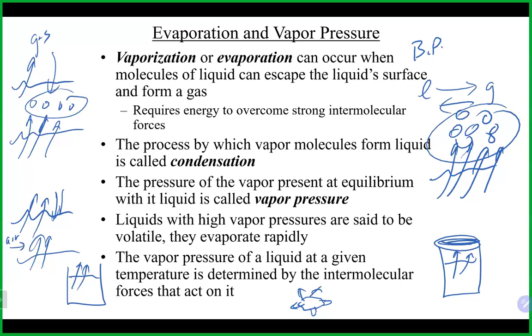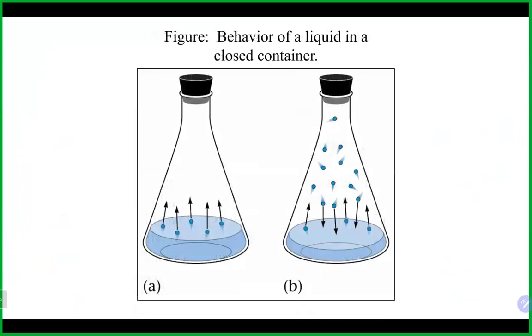Speaking of putting lids on things, when we look at a solution in a container like a flask, when we first put the liquid into that container, we have a high rate of evaporation, right? Because we just put it in. And as they evaporate, they really can't escape because the lid's on there.